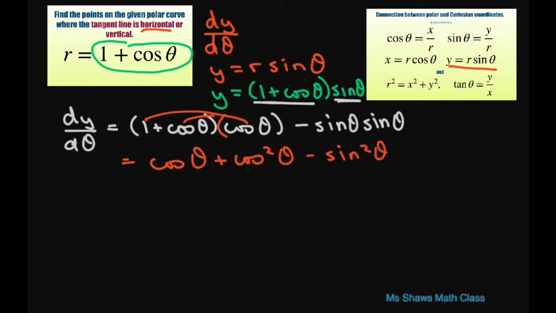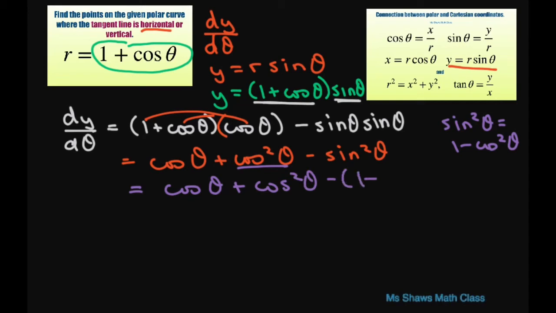Now what I want to do so I can solve for my angle theta is write sine squared of theta equals 1 minus cosine squared of theta. So that way I can factor. So you have cosine of theta plus cosine squared of theta minus 1 minus cosine squared of theta.